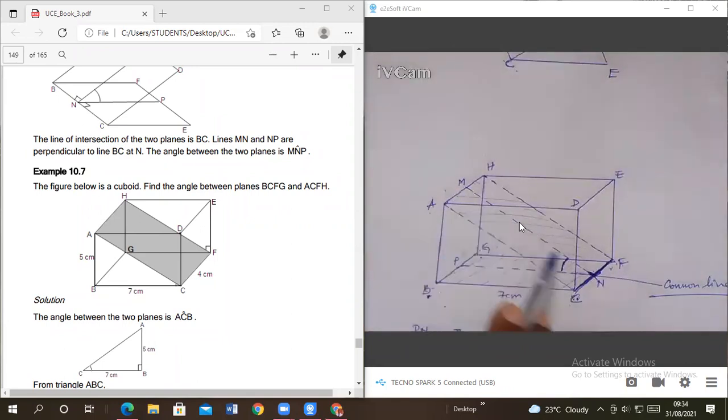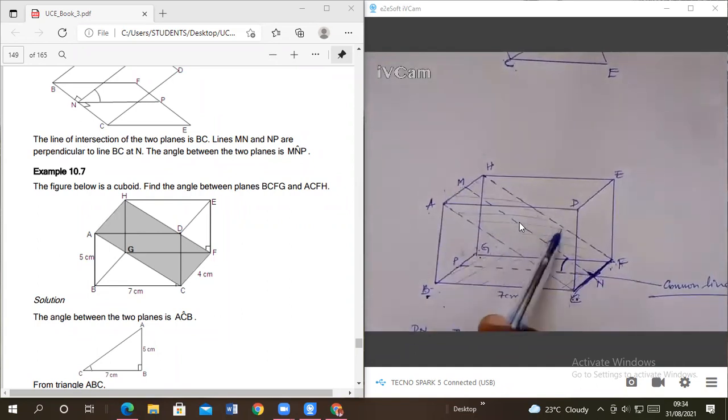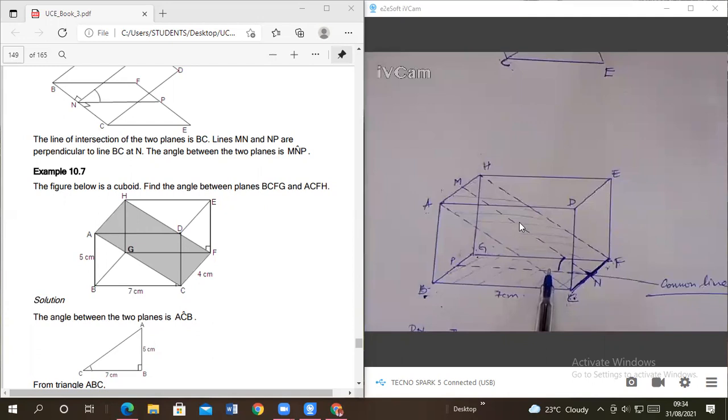The angle between MN and NP is the angle between the two planes. Why? Because this line MN is on the upper plane and this line PN is on the lower plane. So the angle in between those two lines is the angle between the planes. So our angle is theta.